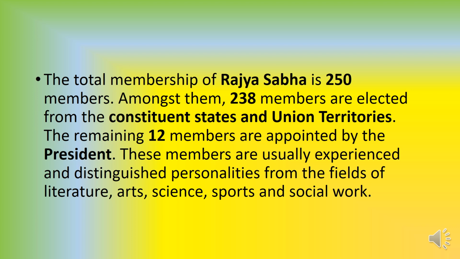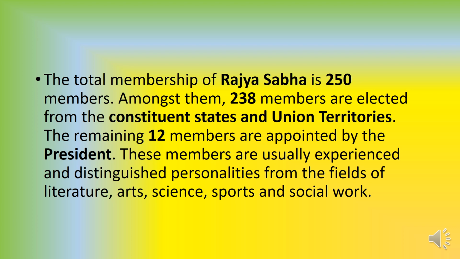Earlier in Lok Sabha we learned it is 550 plus 2, that is 552. But in Rajya Sabha the total membership is 250. How? 238 members are elected from the constituent states and the union territories, but the remaining 12 members are again appointed by the President.